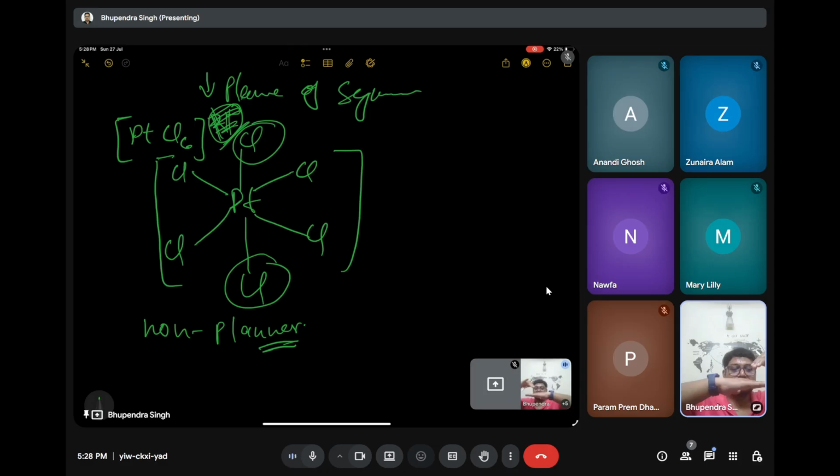That was the definition I told you: the imaginary plane passing through the molecule, bisecting the molecule into two identical parts that are mirror images of each other. So this was the definition of the plane of symmetry. Anyway, this is a non-planar molecule.